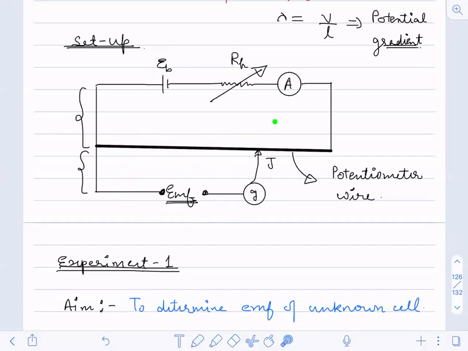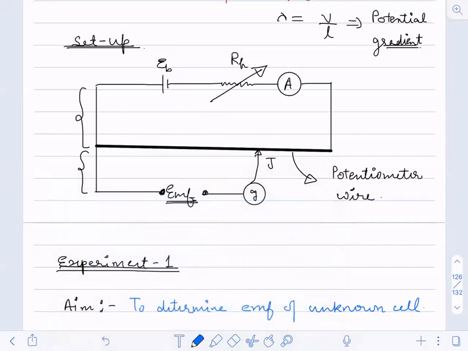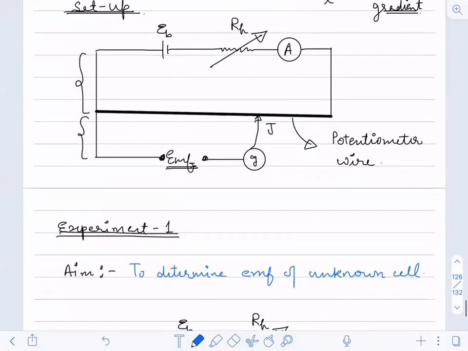Here you will have the main circuit. Just check its elements. What all elements have we connected here? We have a power source, that is EB.